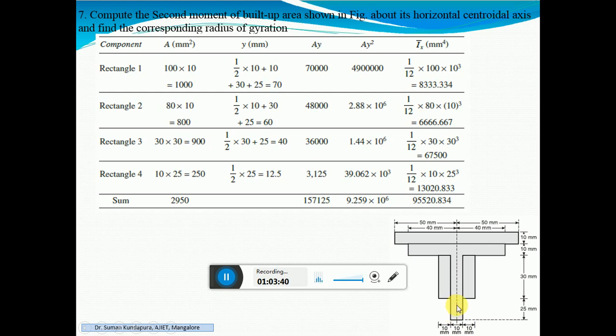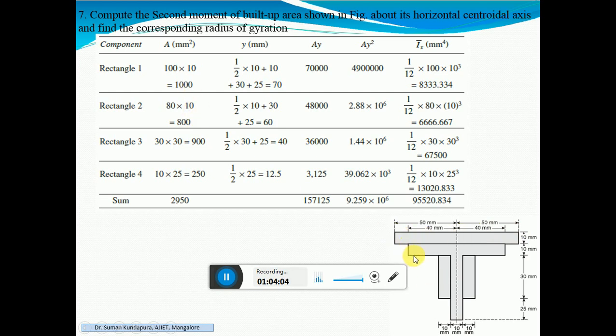Let us start from the topmost portion. Take this as the first rectangle, then this as the second, this whole thing as the third, and this small portion projecting outside as the fourth rectangle. So it is 100 into 10. This is 50, 50 plus 50, 100. This whole 100 into 10, 1000 you will get.